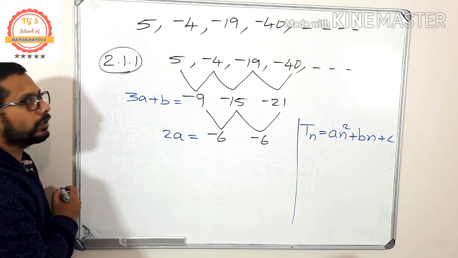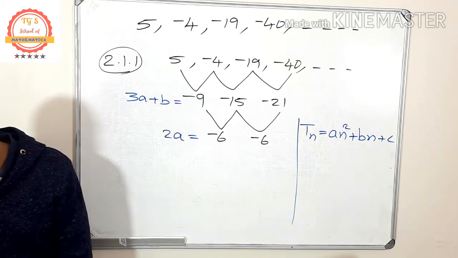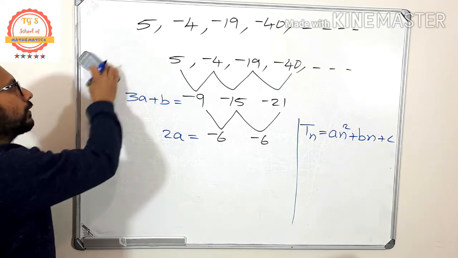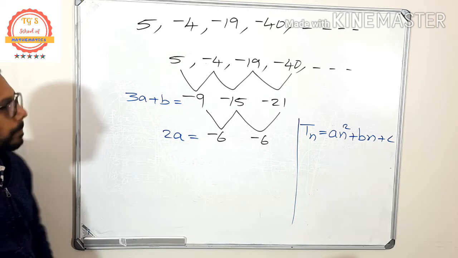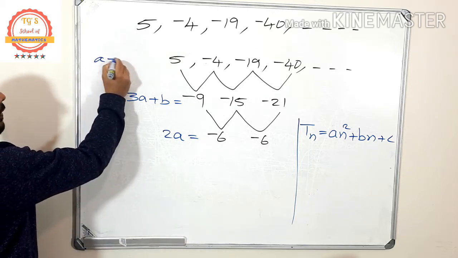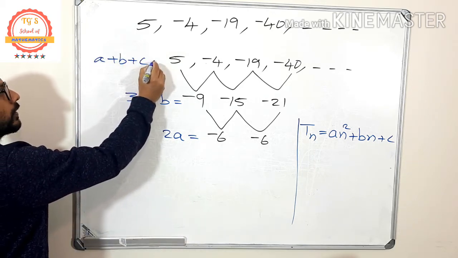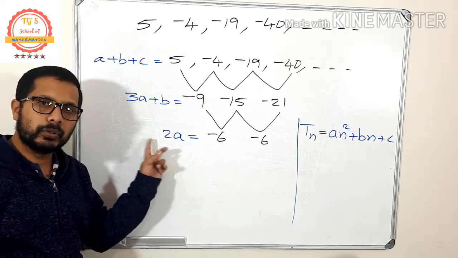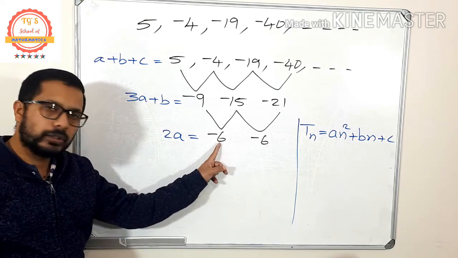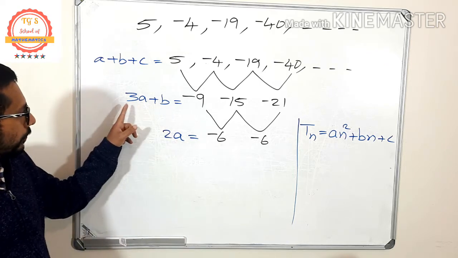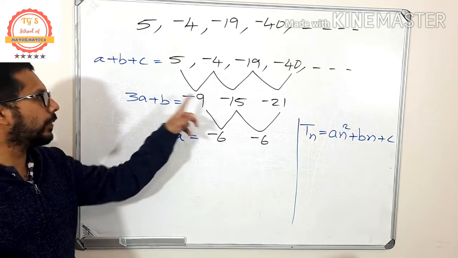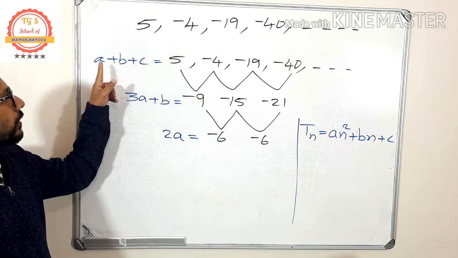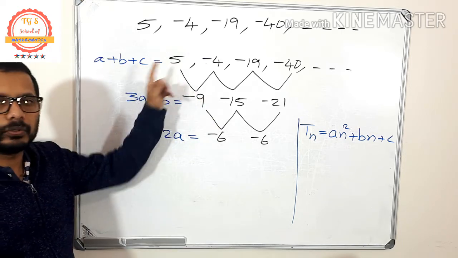Then the first term of the given quadratic pattern is a plus b plus c. So now look at this. Second difference: 2a is equal to minus 6. First difference: 3a plus b is equal to minus 9. Then for the given sequence, a plus b plus c is equal to 5.